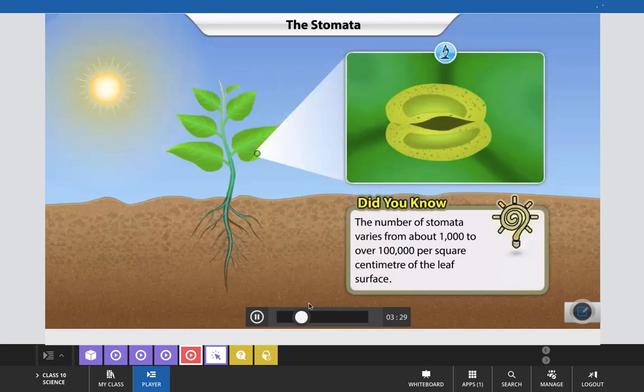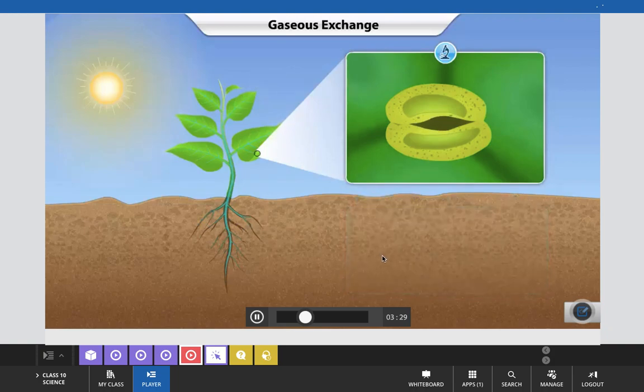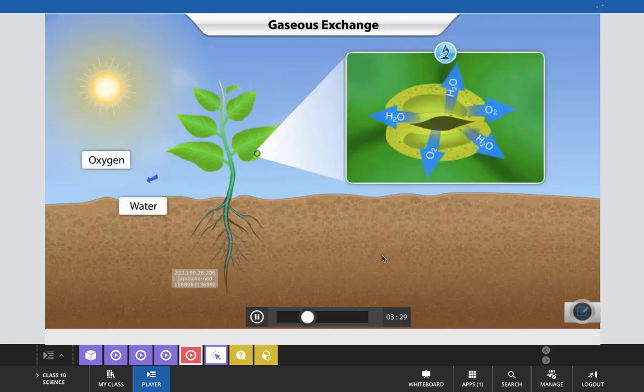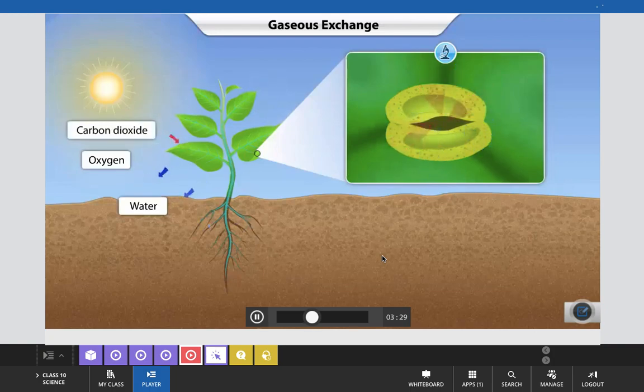I think you have already read about this fact. The number of stomata varies from about 1000 to over 10,000. When the stomata are open, water vapor and oxygen produced during photosynthesis diffuse out of the leaf. At the same time, carbon dioxide needed for photosynthesis is absorbed by the leaf.